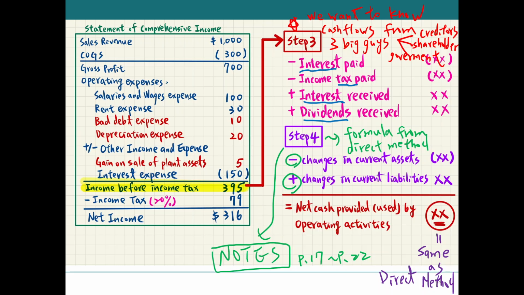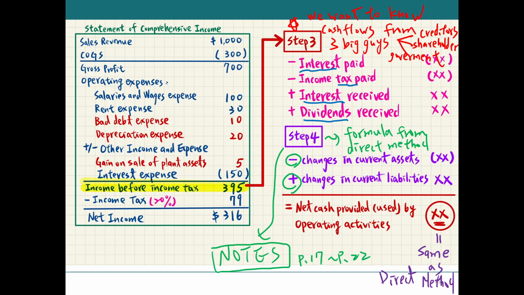So option 1, this one, we have more steps. We have step 2 and 3 in option 1 because our start point is income before income tax. But it's quite common because many companies choose income before income tax as the start point. Why? Because they want to know the information from step 3, okay?